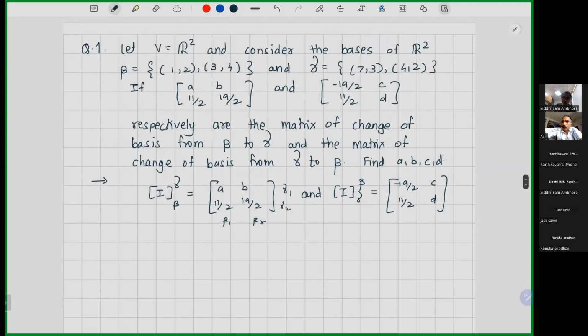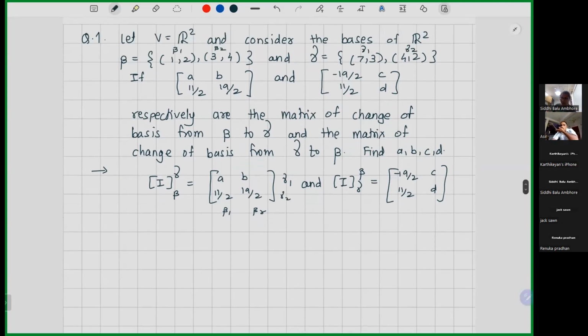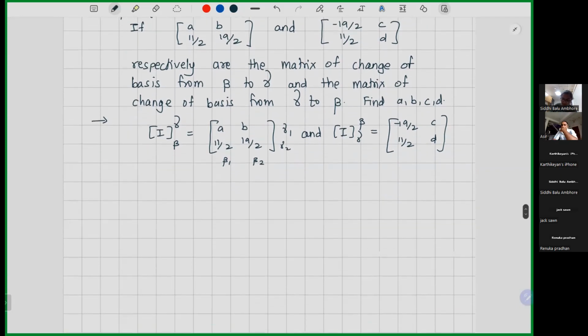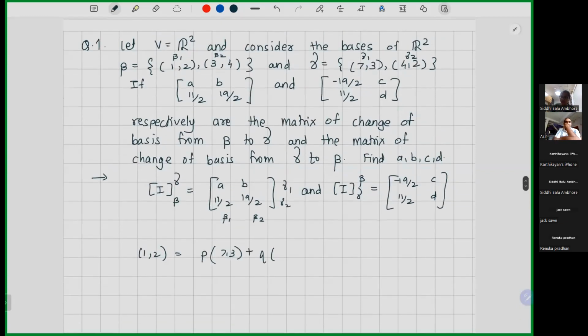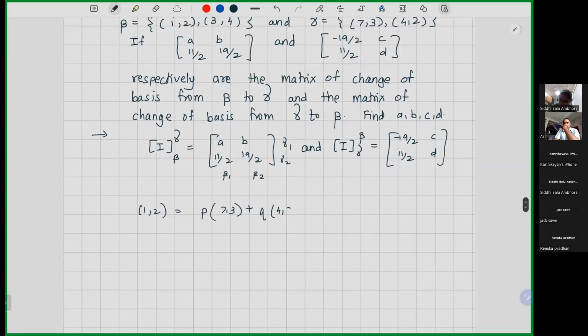So the first column corresponds to beta 1, beta 2, and these correspond to gamma 1, gamma 2. Then first I have to express beta 1 in terms of gamma 1 and gamma 2. So beta 1 is (1, 2), and I have to write it in terms of gamma 1 and gamma 2. So this is some p times (7, 3) plus q times (4, 2).